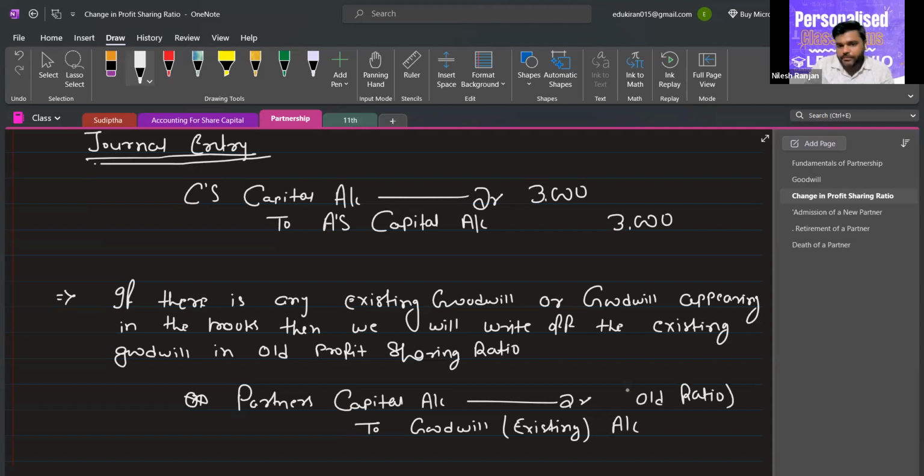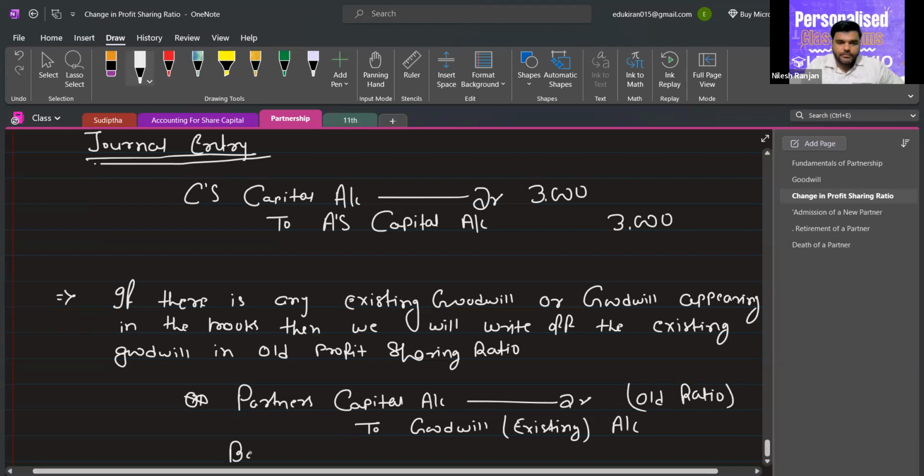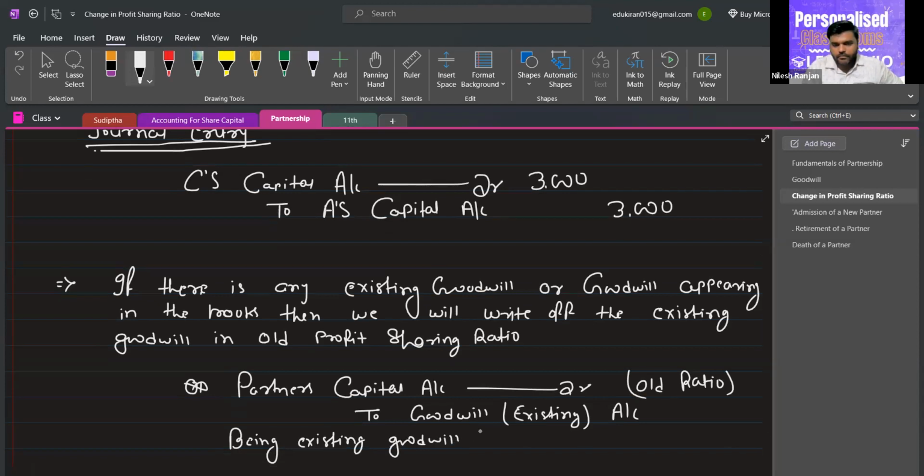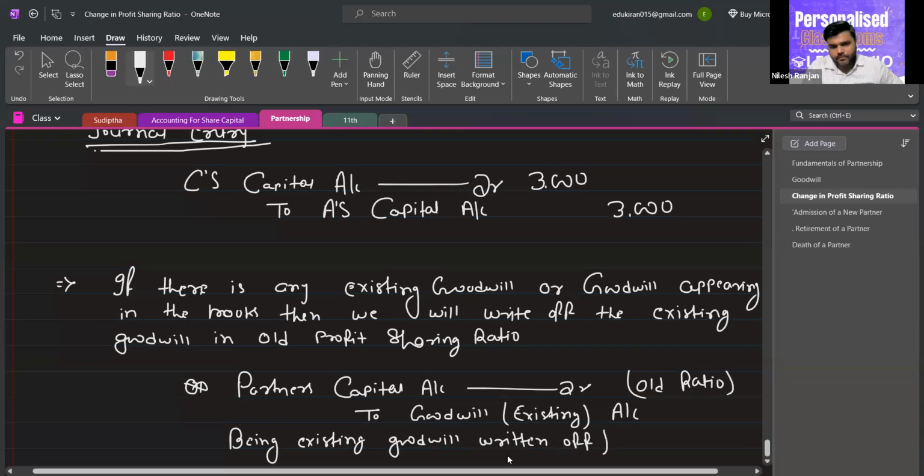So old ratio. Okay, please write it down. Please confirm after writing.